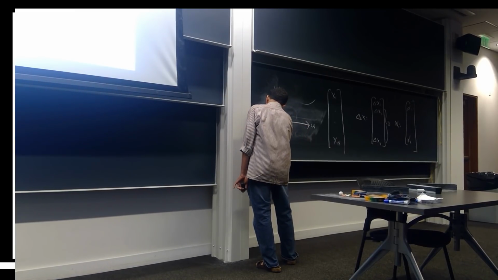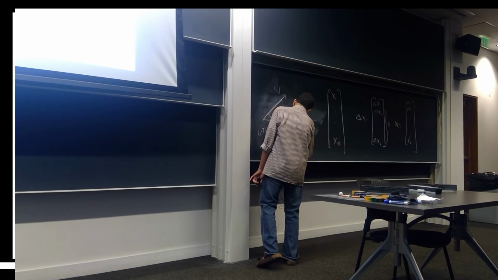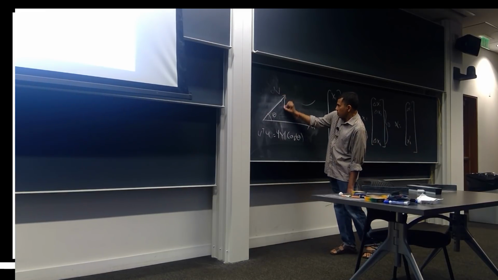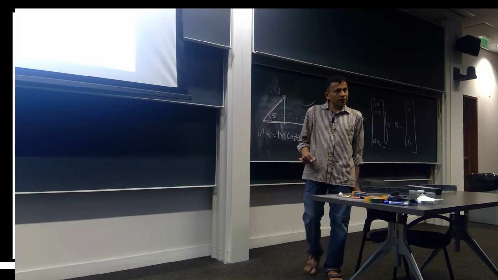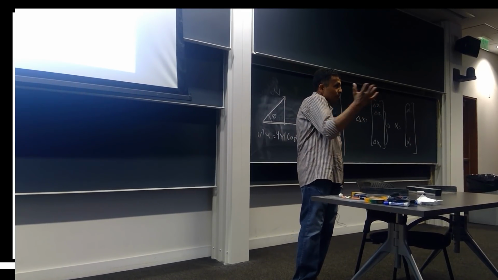Then V transpose U is simply going to be the magnitude of V cos theta, right? Which is this length. You agree? Anybody have doubts there? This is high school stuff, right?